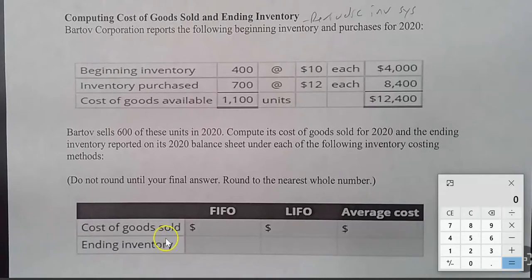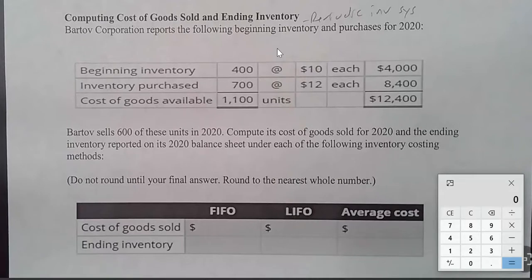So cost of goods sold for FIFO, well, we sold 600 units. What does that mean? It means that we're going to assume that all 400 of our oldest or our first units were sold.